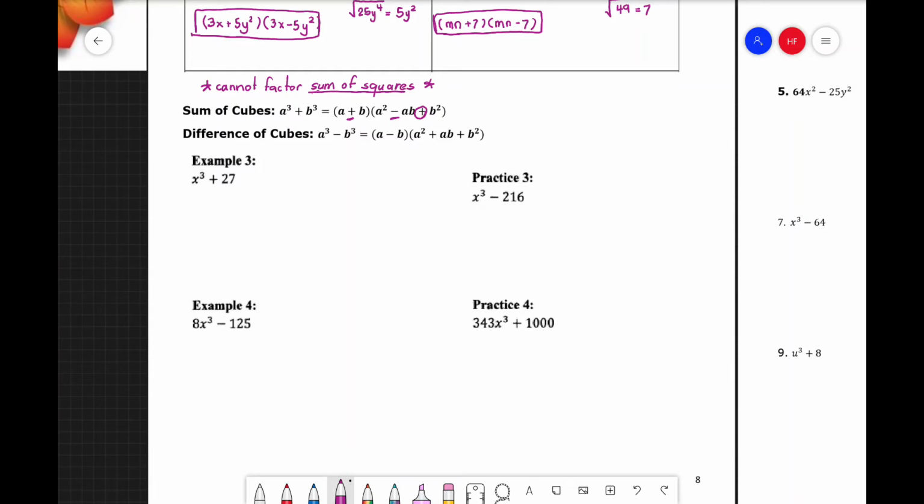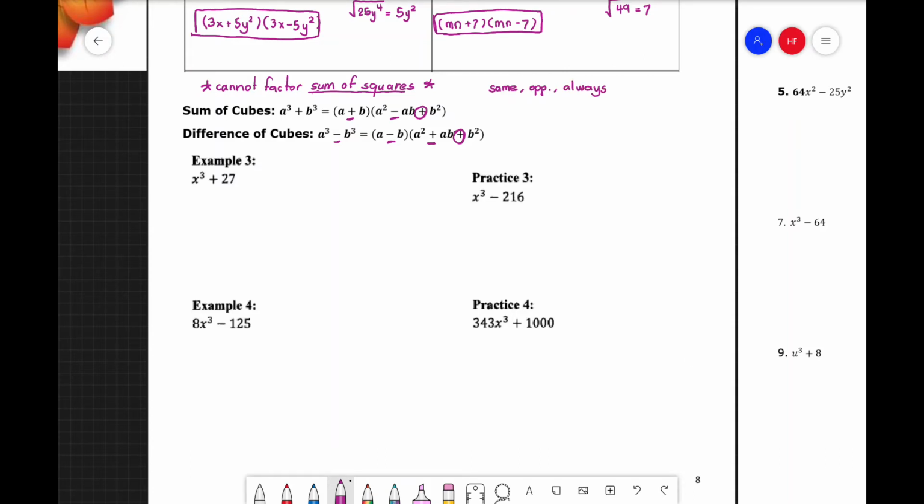That's the way that you can remember what the signs are, just because I think that might be the most difficult part of remembering the formulas. So same, opposite, always.